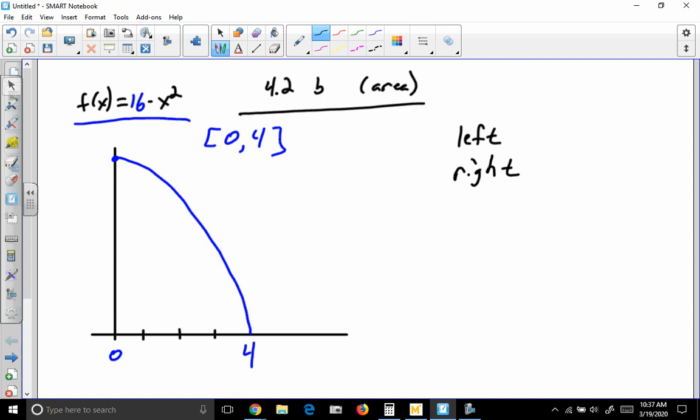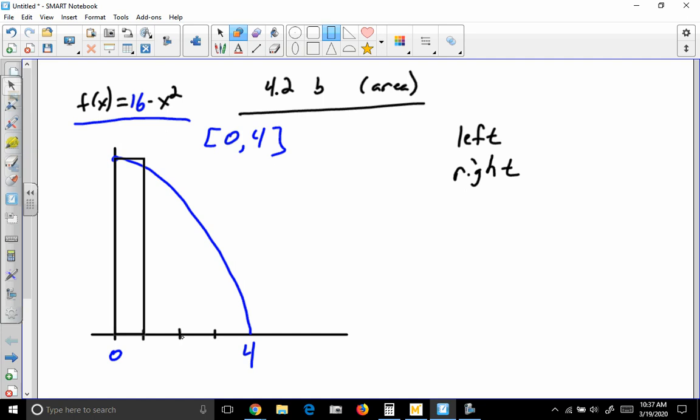When we do a left-hand sum, we use the left side of each interval to draw a rectangle. Here's our first interval. We use the y value of our function on the left side of the interval to determine how tall our rectangle is.